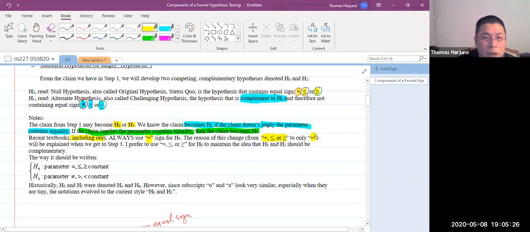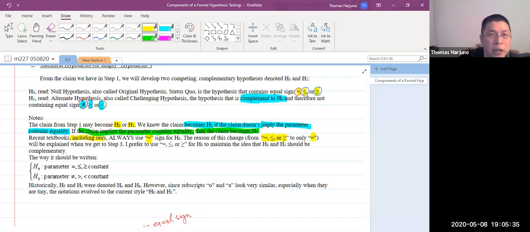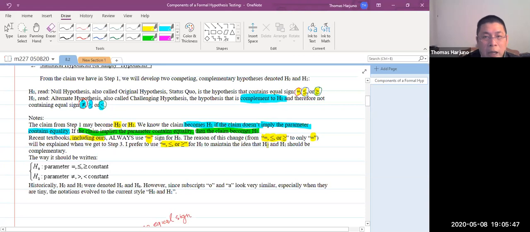The reason for this change I will explain later when we get to step 3. Personally, just like a lot of other old school statisticians, I still use equal, less than equal, greater than equal to for the null hypothesis to maintain the idea that the alternate and null hypotheses should be complementary.